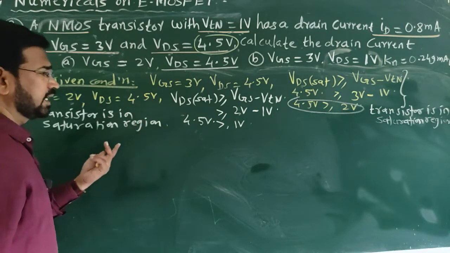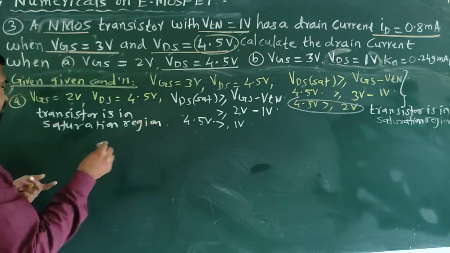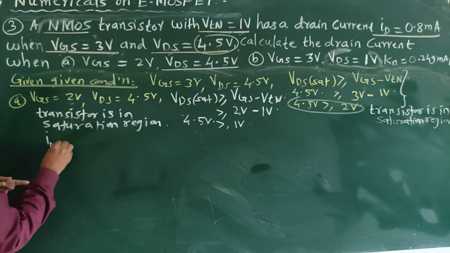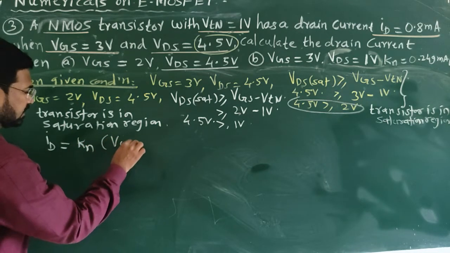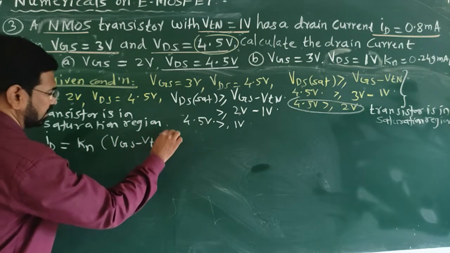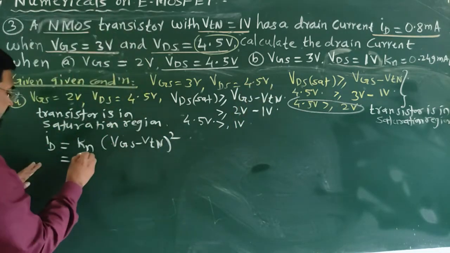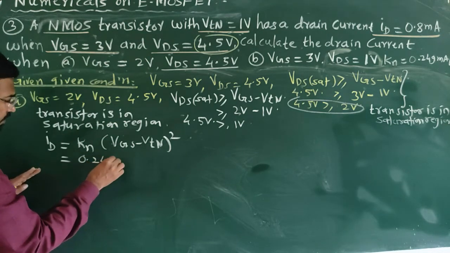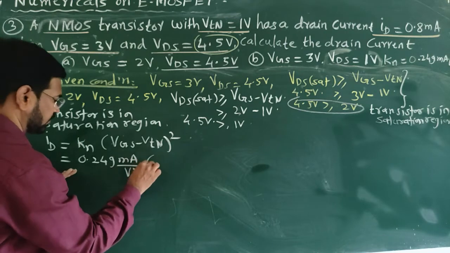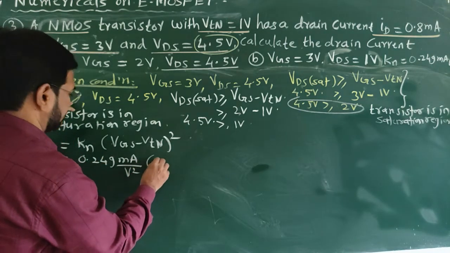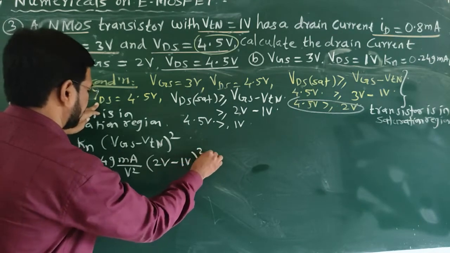Now, we can apply the current equation when transistor is in saturation. We have DC current ID is equal to Kn times (VGS minus VTN) whole square. What is Kn? 0.249 milliampere per volt square, into VGS is 2 volt here and VTN is 1 volt, square.